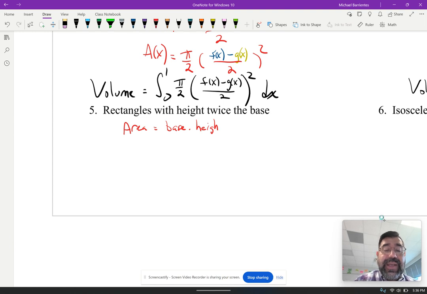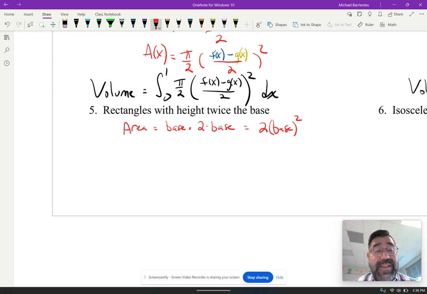So I can erase the height and say base times 2 times base, or I can say 2 times base squared. That'll give me the area of that rectangle. We can multiply base times base and get base squared.